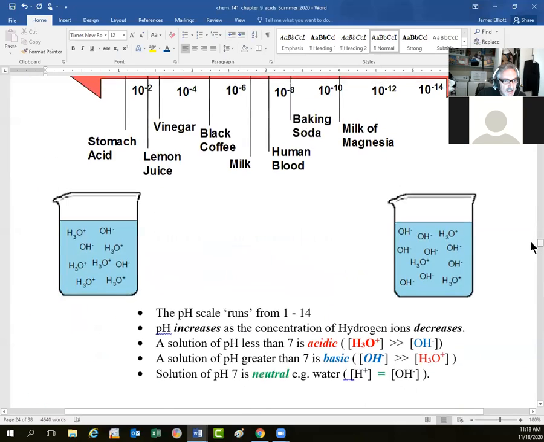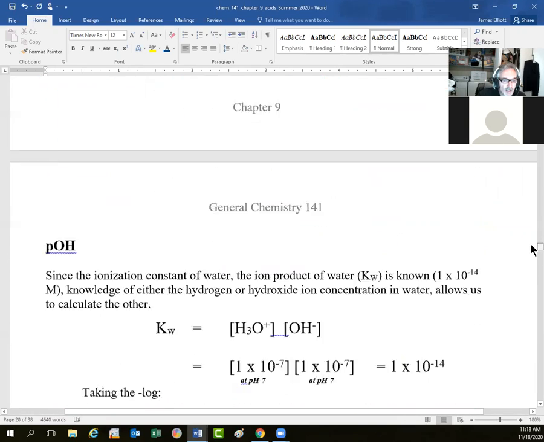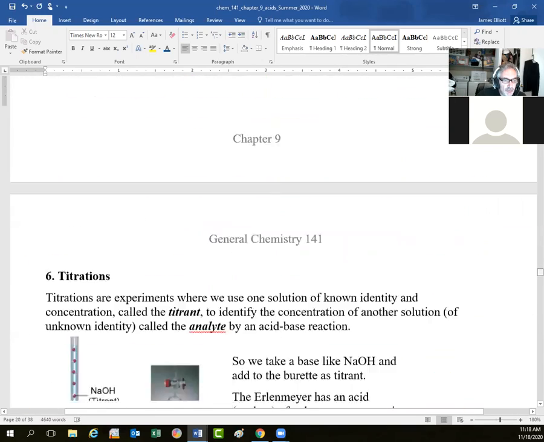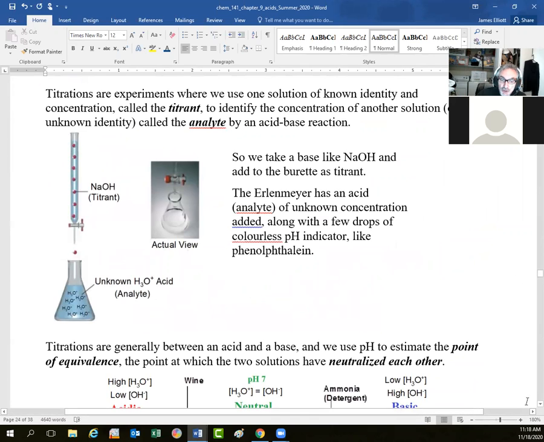Remember we said that at pH 7, the concentration of hydronium ions matches the concentration of hydroxide ions. So if we can take an acid-base reaction to pH 7, we can work out the concentration of that unknown analyte, as it's called.